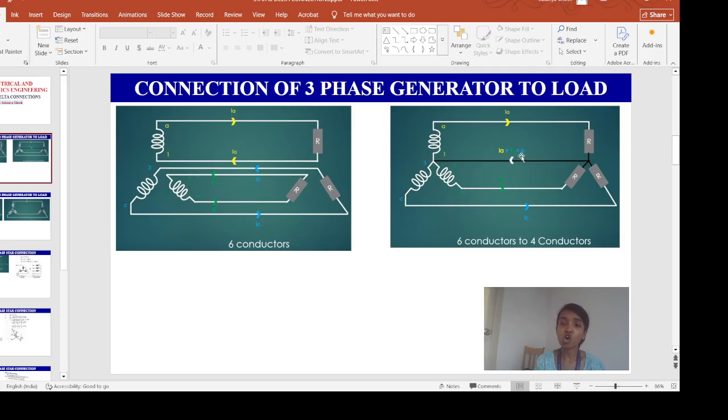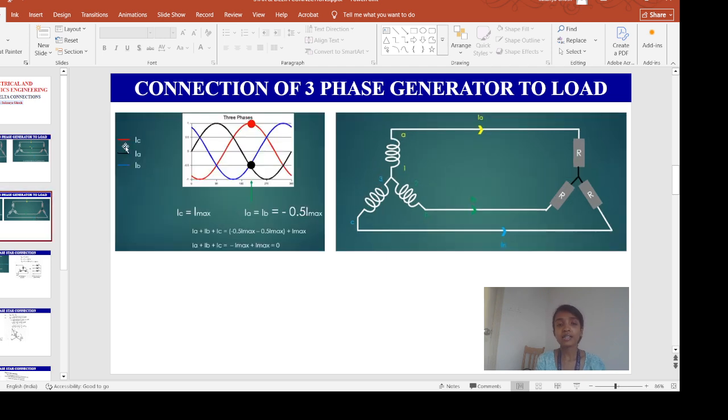This is the generator side and this is my load side. This is a three-phase system, so each of these phases has a 120-degree phase difference from each other. That means they are 120 degrees out of phase with each other.